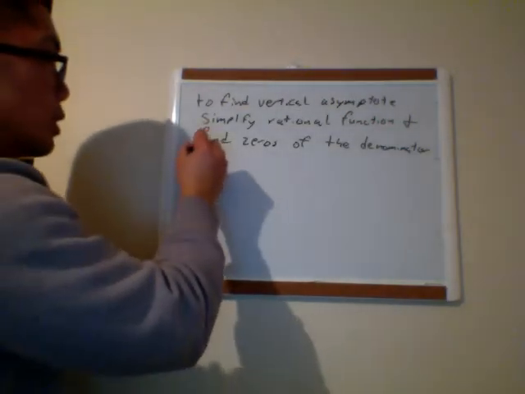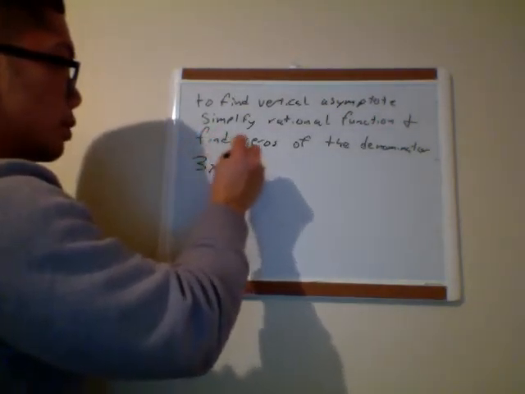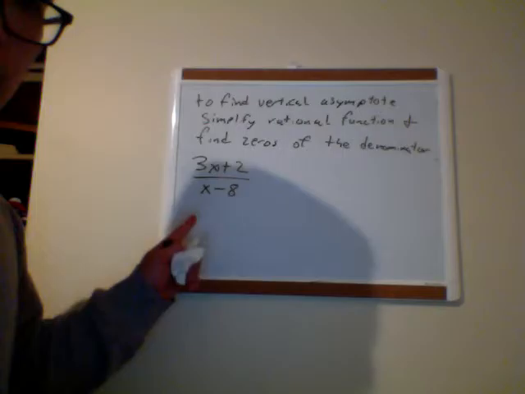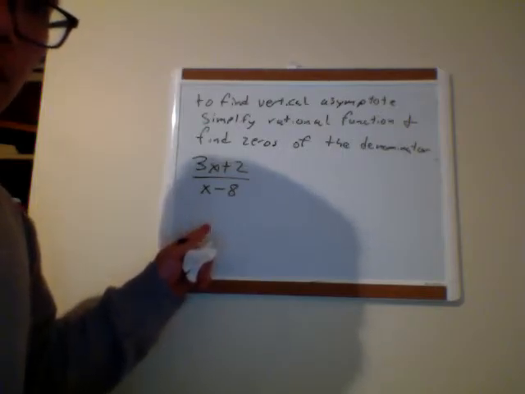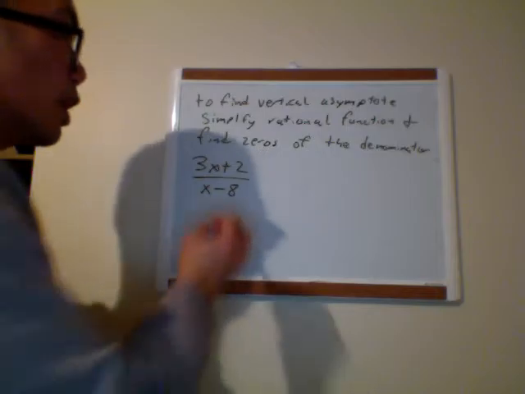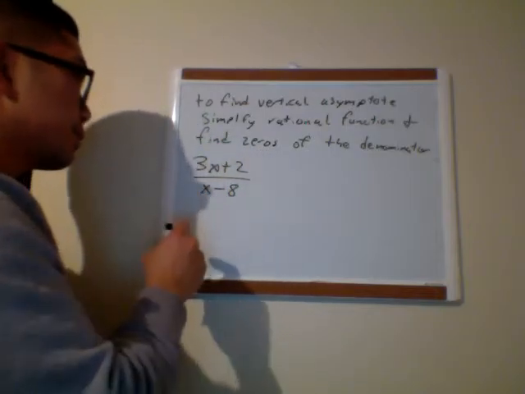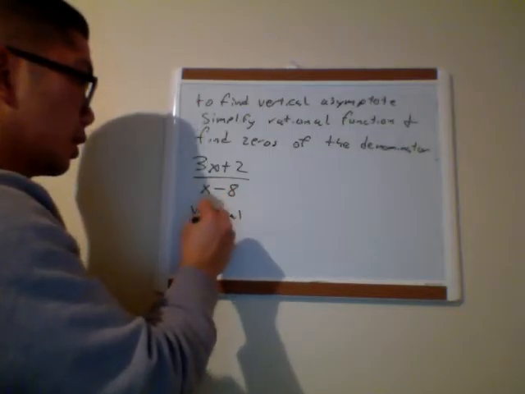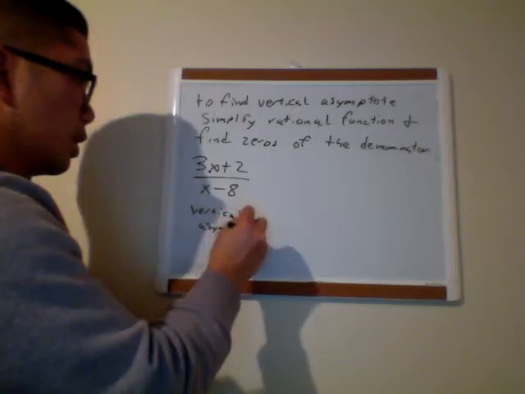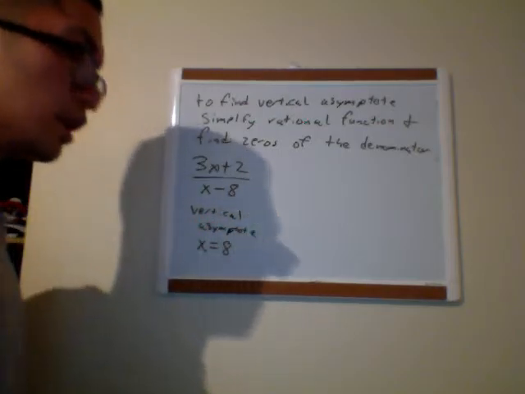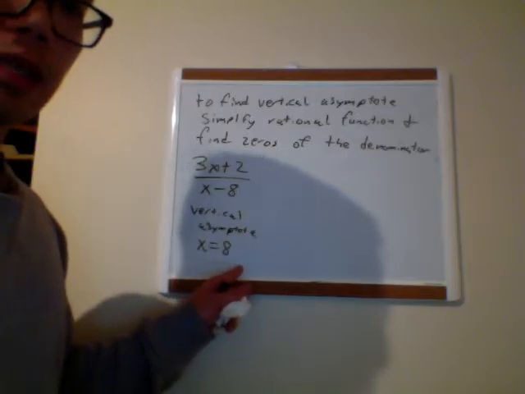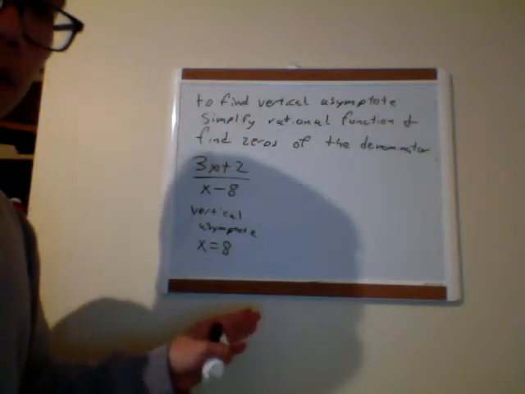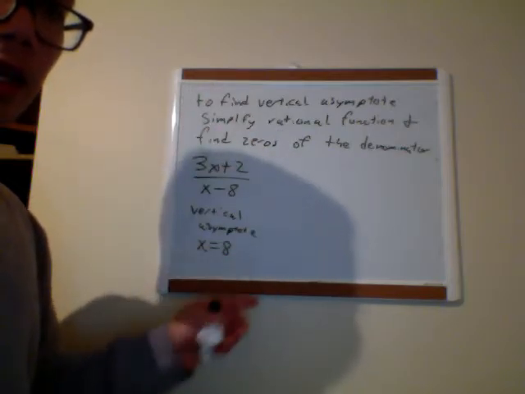If I have a rational function such as 3x plus 2 over x minus 8, it's already simplified. So my zero for the denominator would be 8, because 8 minus 8 is 0. So my vertical asymptote will be the line x is equal to 8. And it's very important that you put x is equal to 8, that you don't just say the vertical asymptote is 8. Remember, the vertical asymptote is a line, so I need an equation of a line. x is equal to 8.